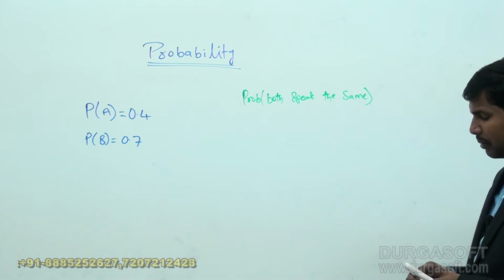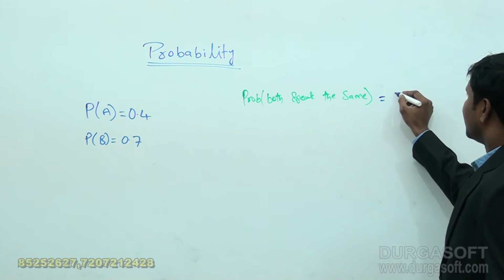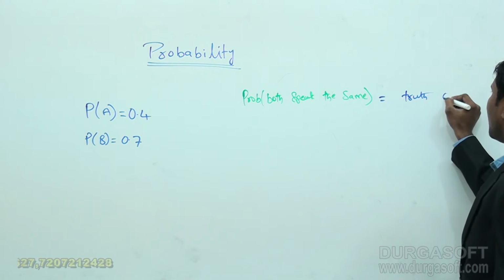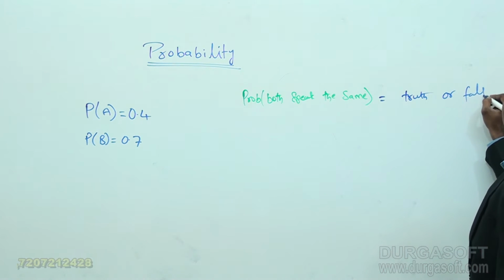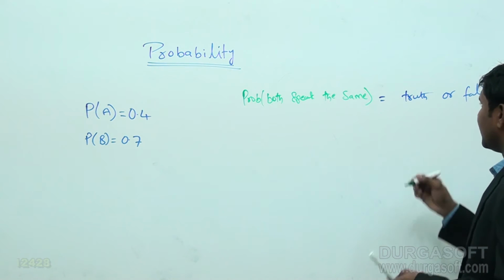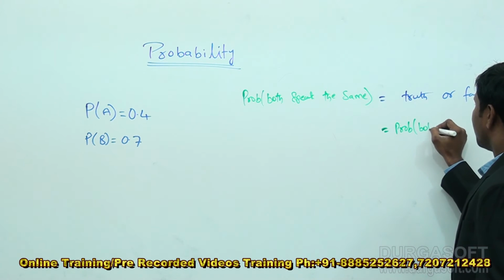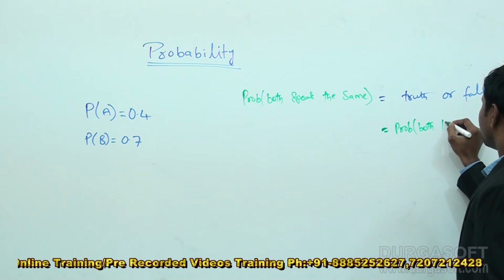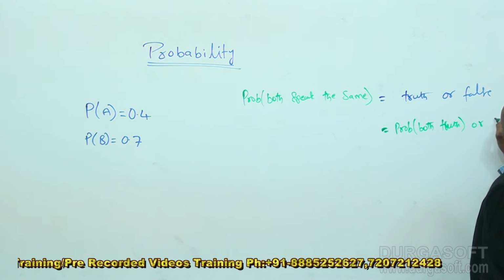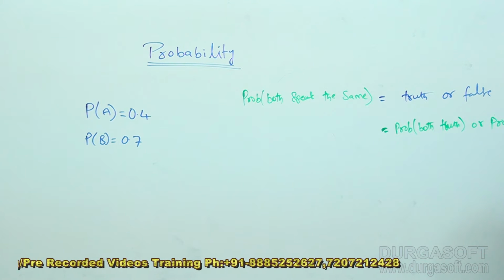Here the meaning of this is simply that they may speak truth or false. So both are possible. So it is simply the probability of both speaking truth or the probability of both speaking false.